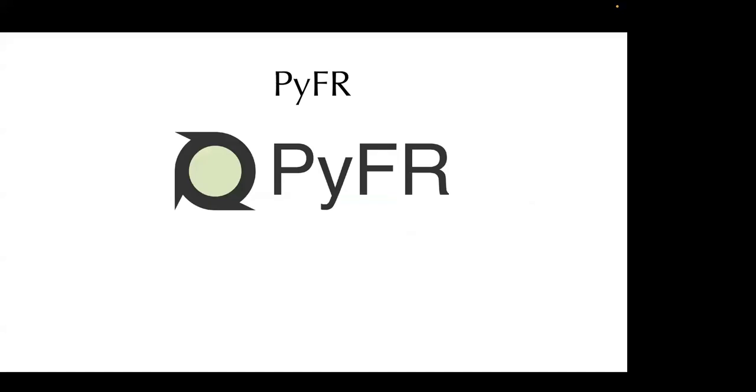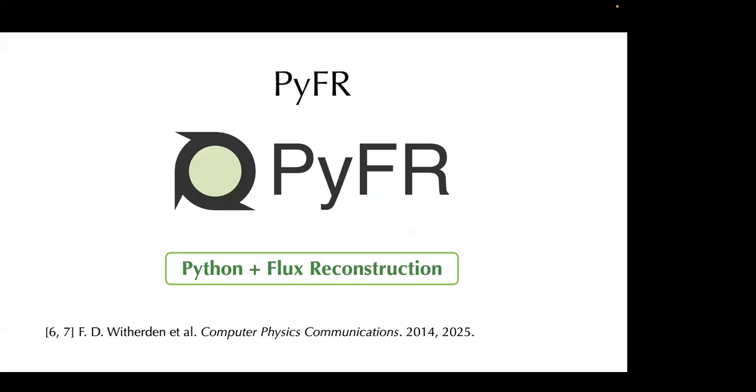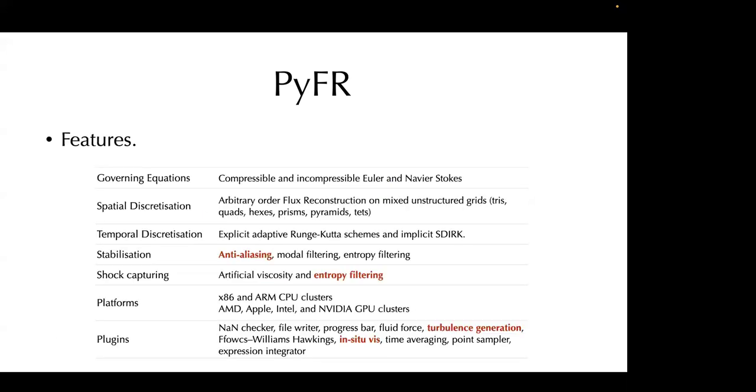Now let's look at PyFR, which is an implementation of the flux reconstruction approach that's predominantly written quite novelly in the Python programming language. Here, I'm outlining some of the major features of PyFR.